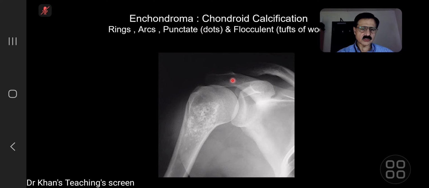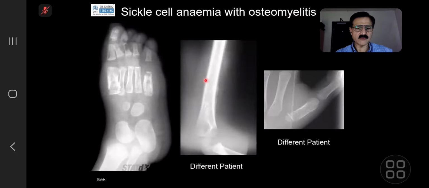And the pattern of calcification will tell you what was the parent lesion. And that will become a classical exam case. I teach you these films when I teach bone tumors, chondrosarcoma, etc. But here the learning point is the vocabulary and how this calcification looks like on a plain film.